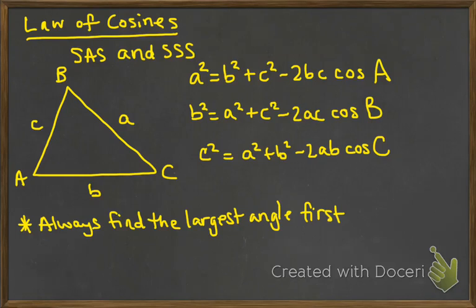It's always a good idea to work from the largest to the smallest. So find the largest angle, and keep in mind that the largest angle will always be across from the largest side. If they give you all three sides, just look for the largest side and find that angle first.